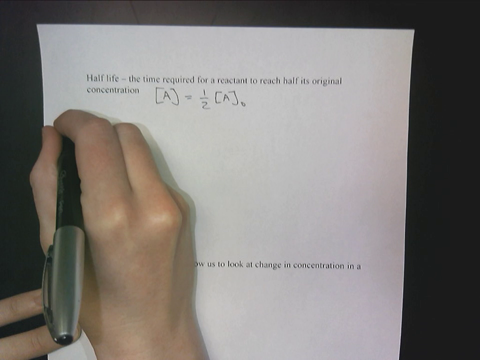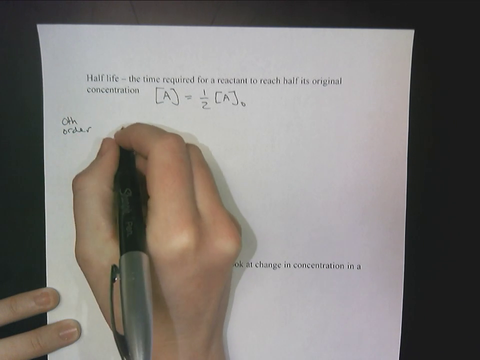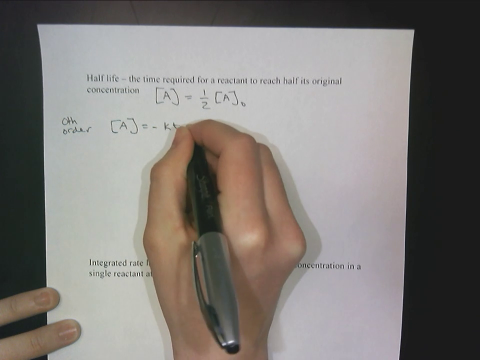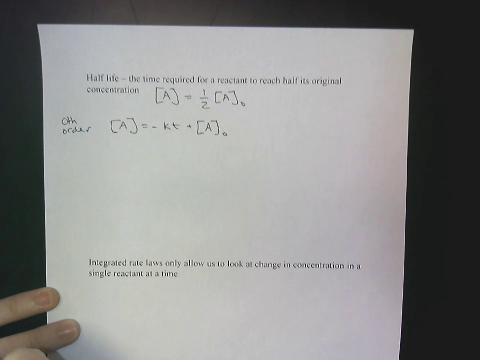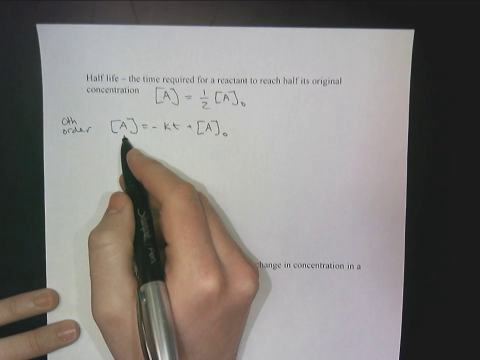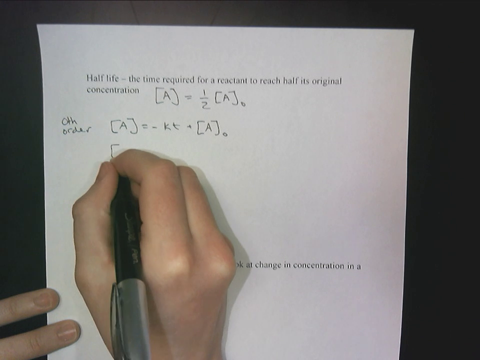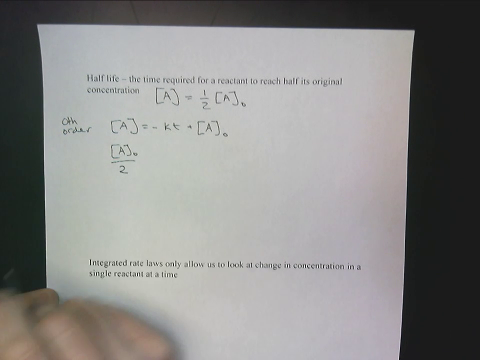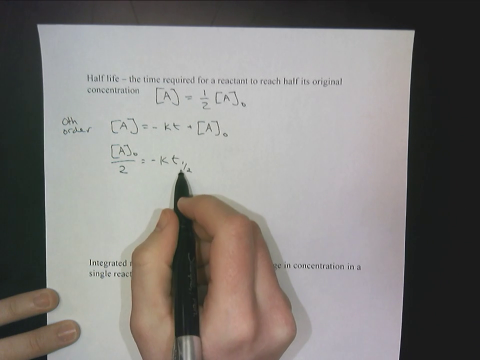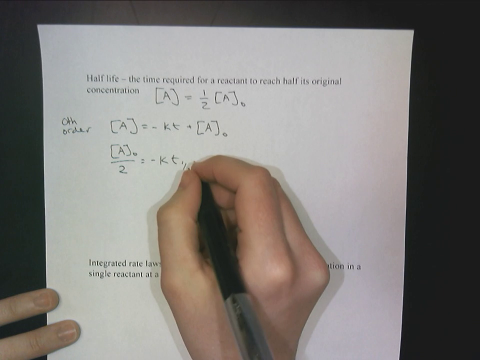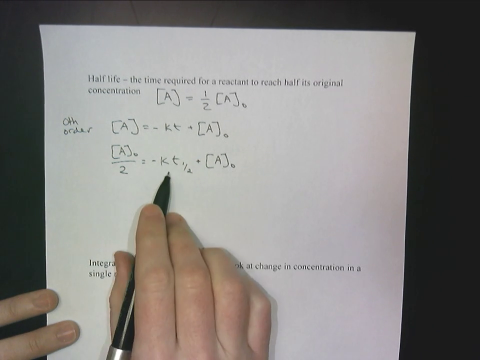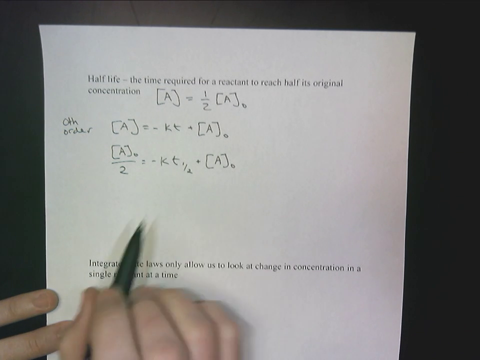So, for example, the 0th order integrated rate law equation is concentration of A equals negative kt plus A 0. I can actually substitute in for my concentration the initial concentration over 2 at the half-life, and then solve. I'm going to put a little 1/2 next to the t now because this is the half-life time. I can actually solve for time and figure out what the half-life is for a 0th order reaction.